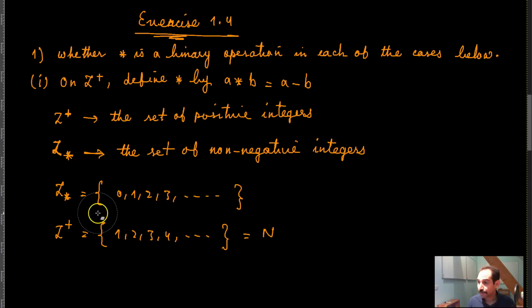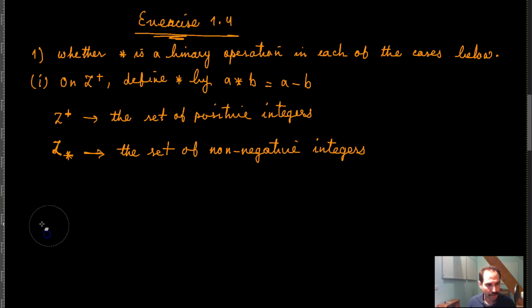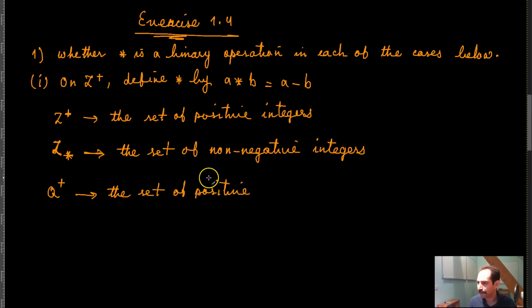In the same text, when we say, for example, Q plus, Q is the set of rational numbers, and so Q plus would be the set of positive rational numbers.